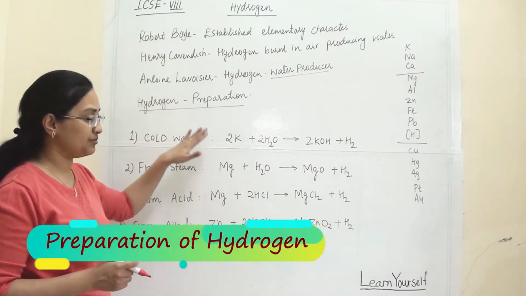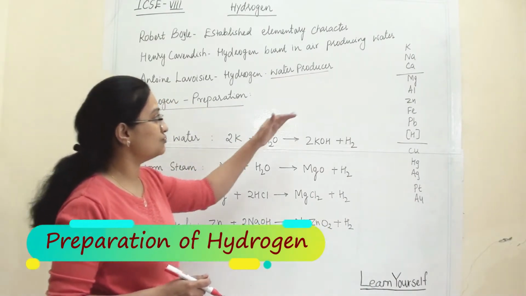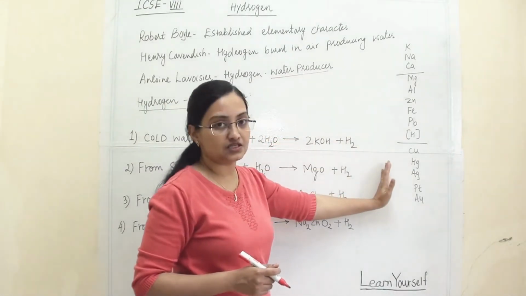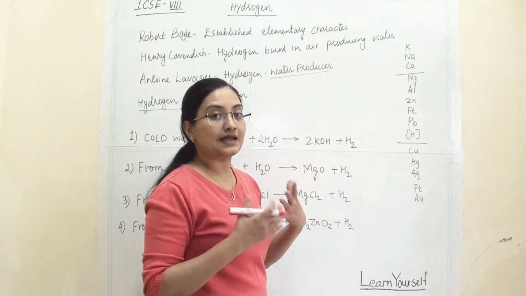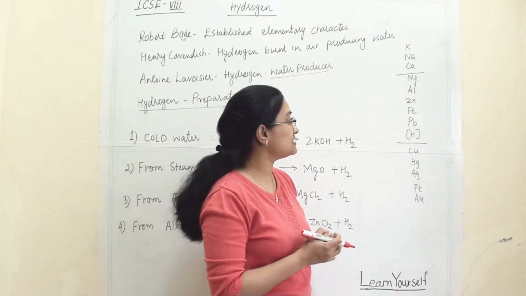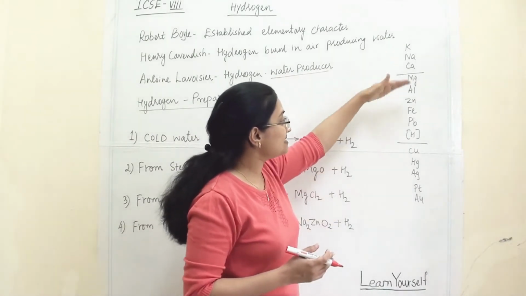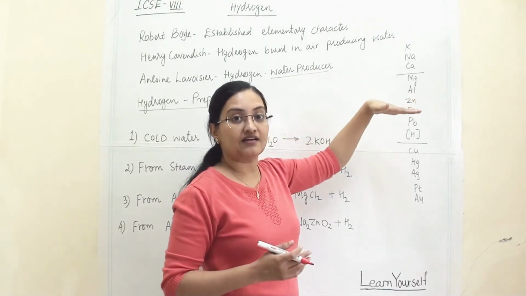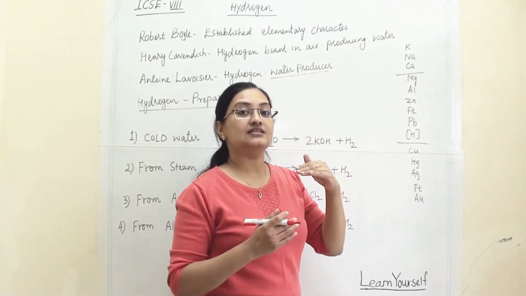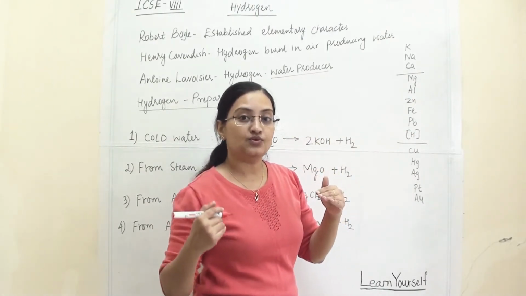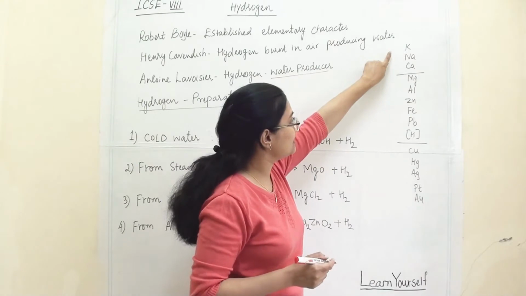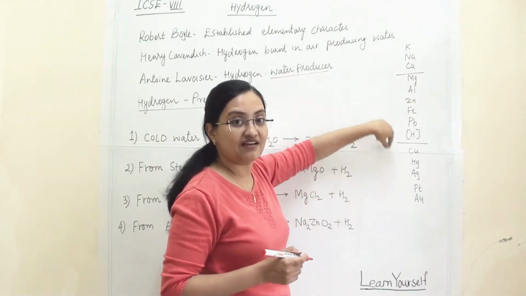Before going to the preparation of hydrogen, we need to understand the activity series of metals. What is the activity series of metals? It tells us which metals are active, and which metal is more active compared to another.